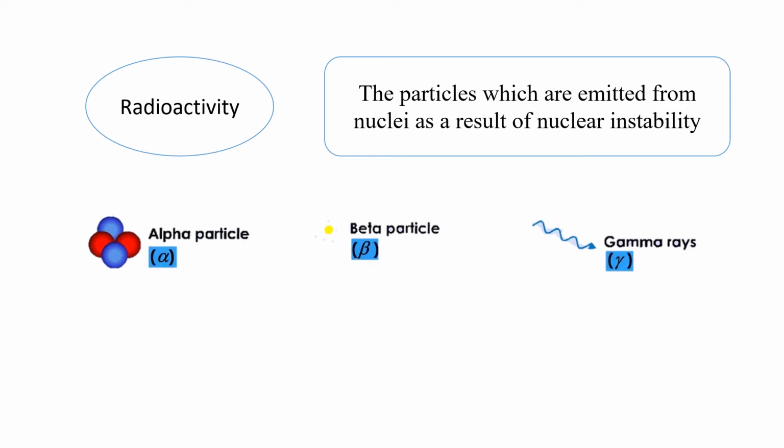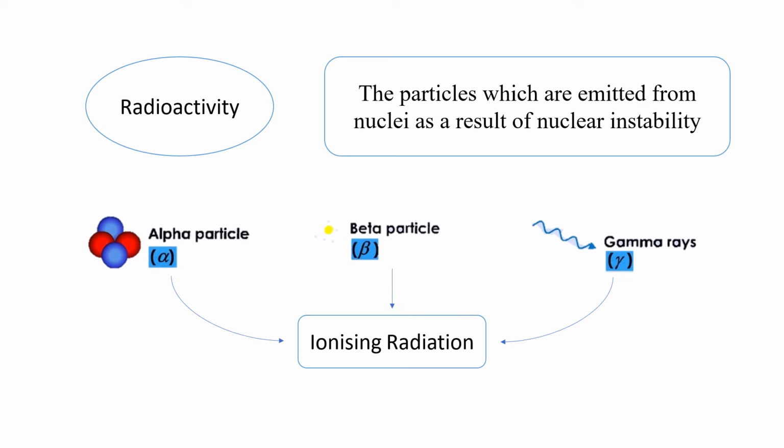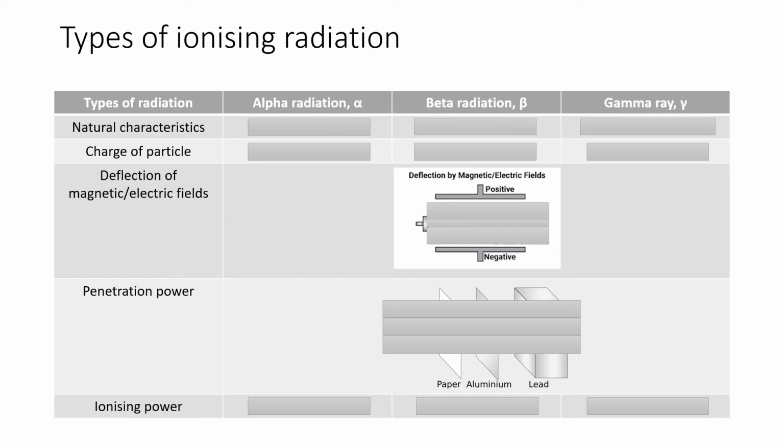When these particles pass through the air and produce positive and negative ions, it is also known as ionizing radiation. Let's see what are the characteristics of each radiation.